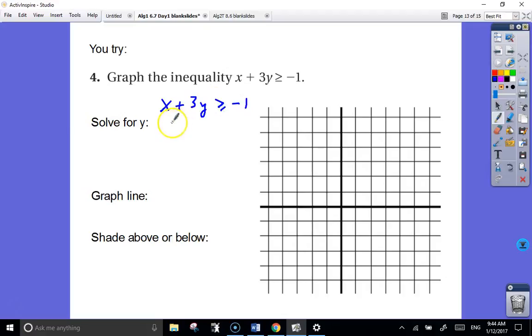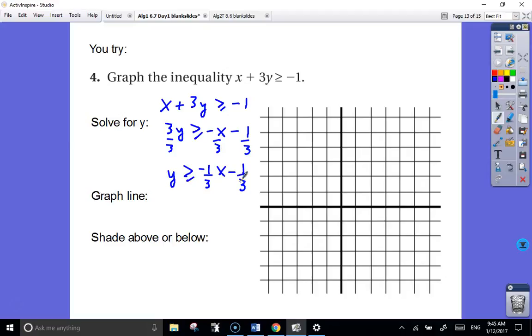So subtract x. 3y is greater than or equal to negative x minus 1. Divide everything by 3. y is greater than or equal to negative 1/3 x minus 1/3.